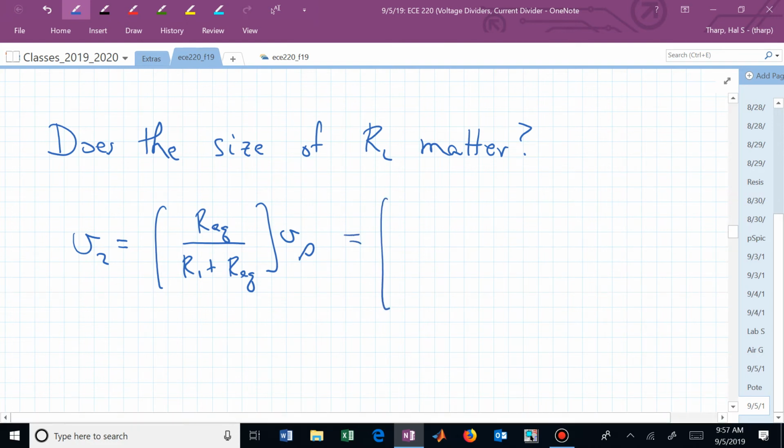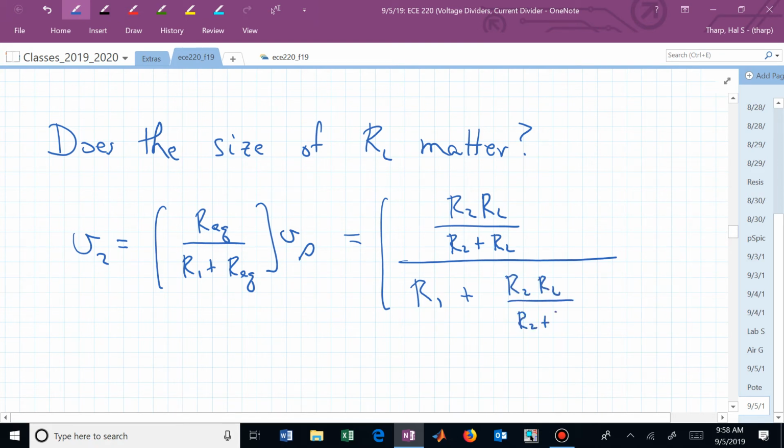Let's make this a little bit more messy. Let's go ahead and put in the exact formula for R equivalent, which was R2RL over R2 plus RL. So R2RL over R1 plus R2RL over R2 plus RL.